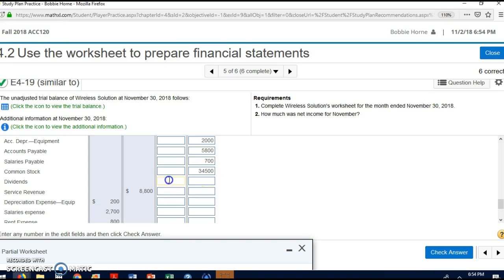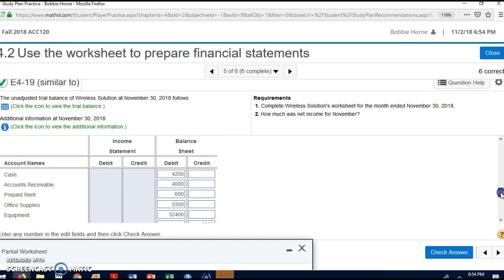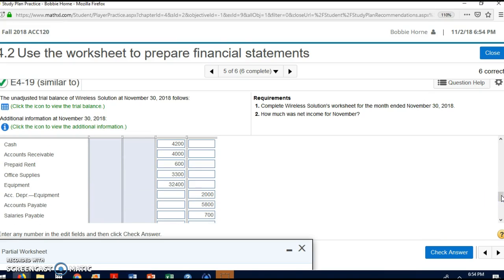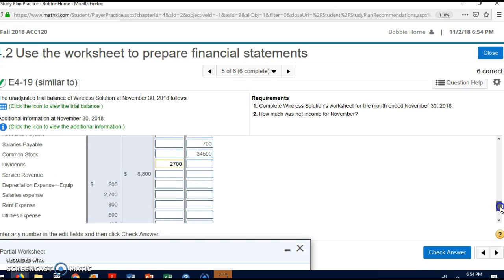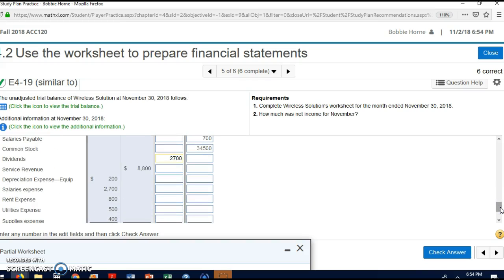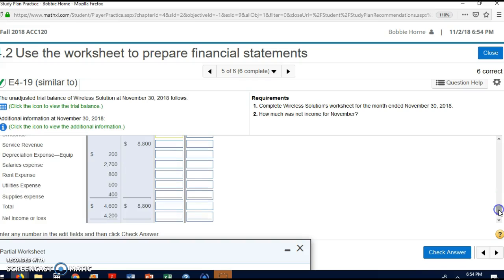And dividends are 2,700. And then you will need to add your assets up. So 4,200 plus 4,000 plus 600 plus 3,300 plus 32,400 plus 2,700 is 47,200 on the asset side.